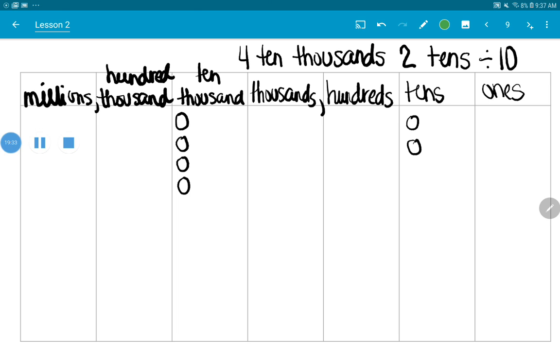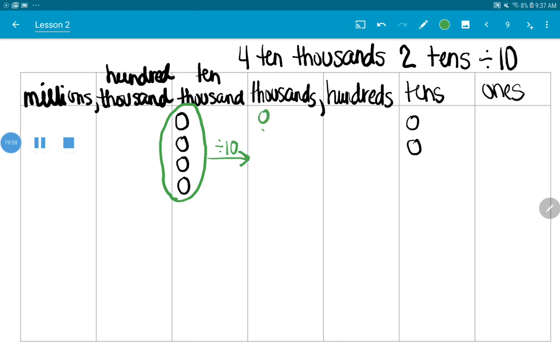So what happens when we divide? We're going backwards. Our number's getting smaller. So instead of moving to the larger place value, I'm moving to the smaller place value. So my 4 ten thousands, when I divide by 10, become what?